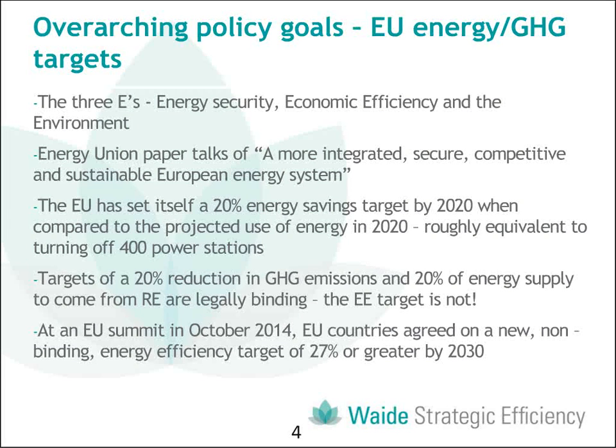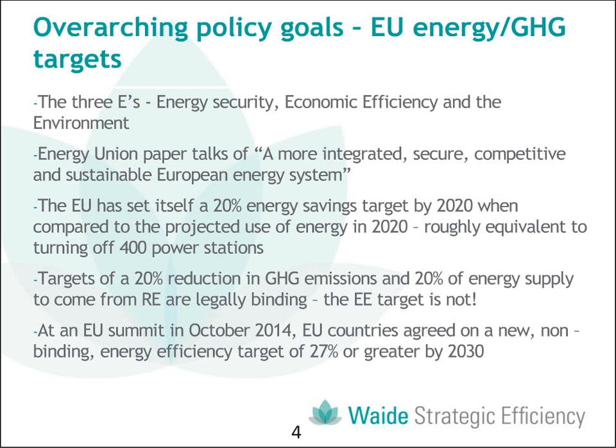At the EU summit in October last year, EU countries agreed to a new non-binding energy efficiency target of 27% savings or greater by 2030. And there are also renewals and increases of the targets for the other two areas, greenhouse gas emissions and renewable energy.